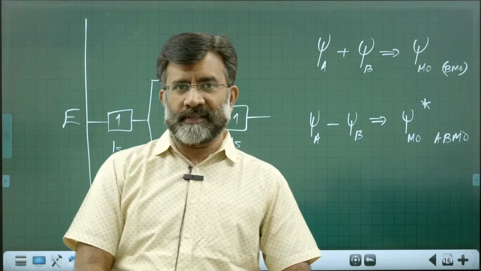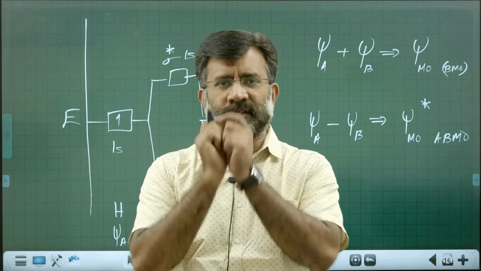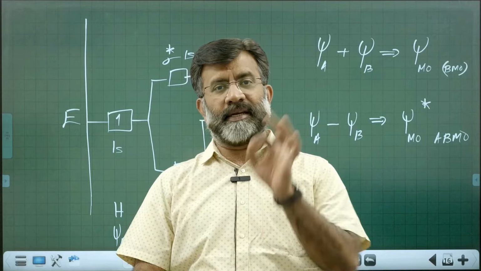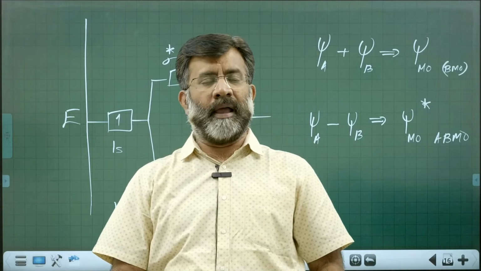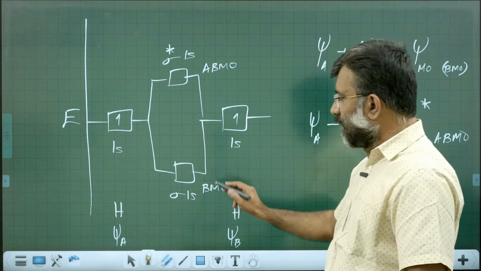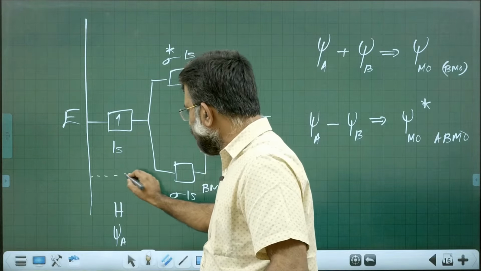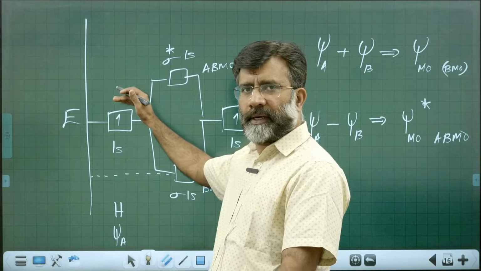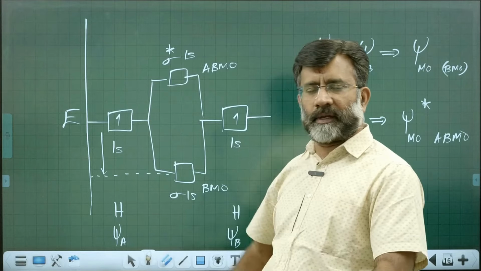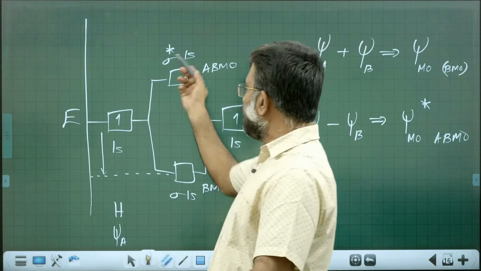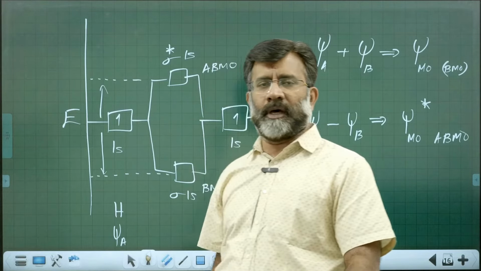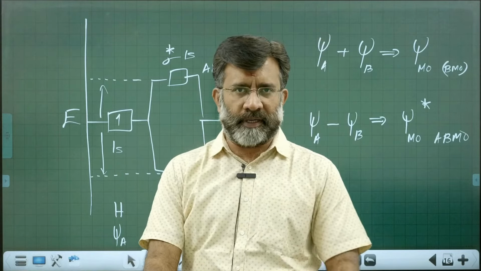Constructive interference leads to the formation of a stabilizing orbital called a bonding molecular orbital. The other one makes a destabilizing orbital called anti-bonding molecular orbital. So this is bonding molecular orbital with a lower energy compared to the combining atomic orbitals, and this is destabilizing orbital with a higher energy compared to the combining atomic orbitals.